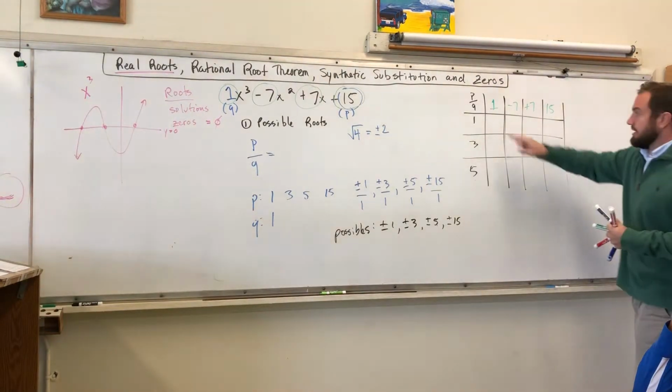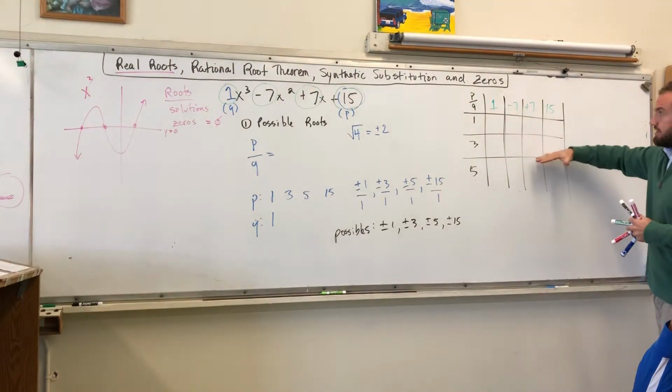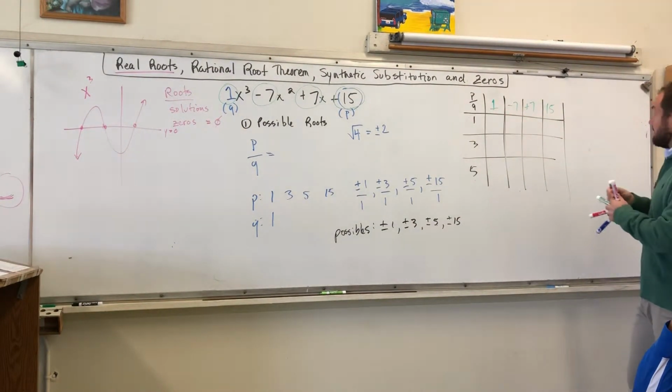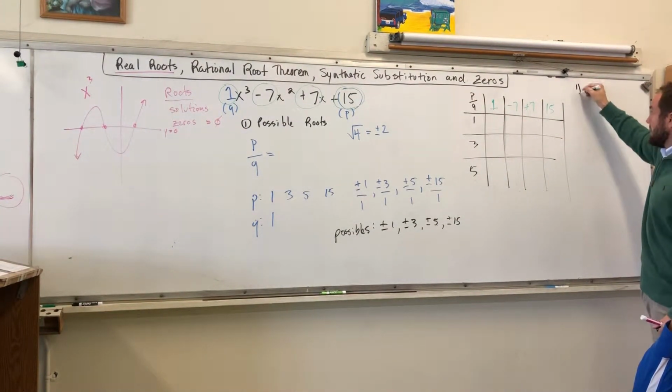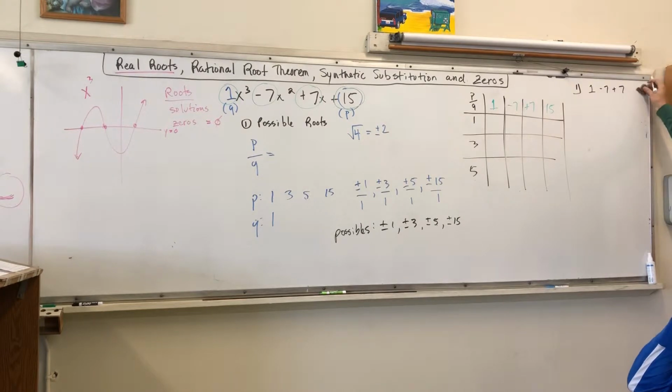Now, how to fill out this chart? It's hard to fill out this chart without running some synthetic division on the side. So if I were you guys, I would run the synthetic division, and this is what I'm going to show you right now. This is the part of the chart that some of you guys weren't totally understanding.